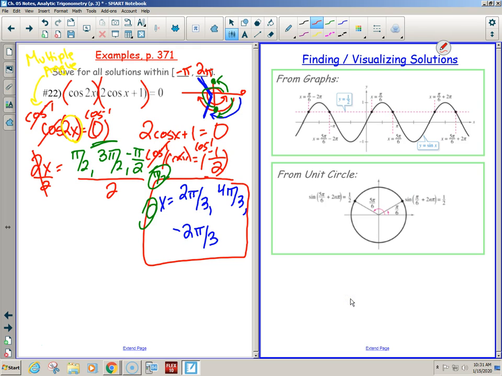If you're ever technically trying to solve one of these things where it's like cosine equals negative 1/2 or cosine of 2x equals 0, technically what you're doing is you're giving it a certain y value like negative 1/2, which would be down here, or a certain y value like 0, and you're saying, okay, for how many places, how many times, how many angles would this intersect the curve and where?